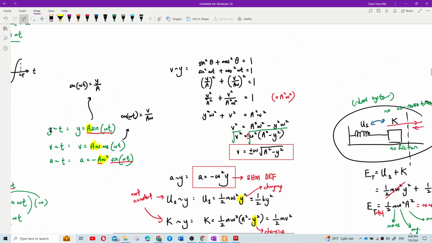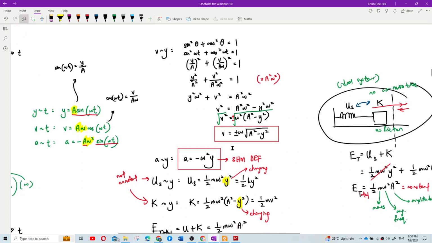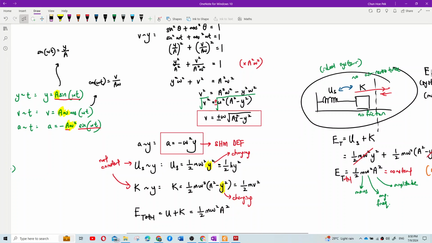Kita tengok balik formula. Displacement ialah A sin, velocity ialah A omega cos. Kalau acceleration ialah negative A omega square sin. Dia jadi ini sin, ini cos, ini negative sin. Dan dia punya amplitude just ubah kepada A omega square. Tidak susah kan?